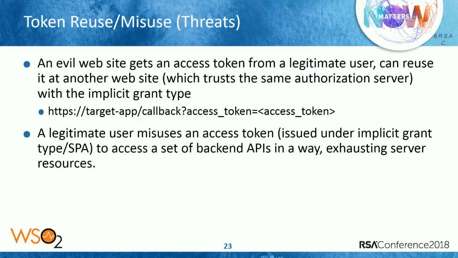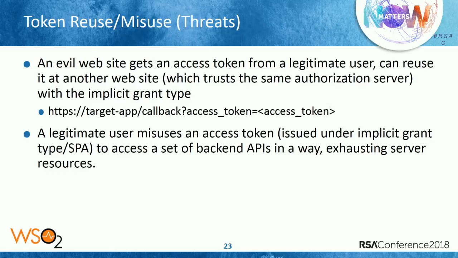Then see whether that client ID matches your own client ID. If not, that means it's a token not issued to you. You can simply reject it. Right? So that is client side.